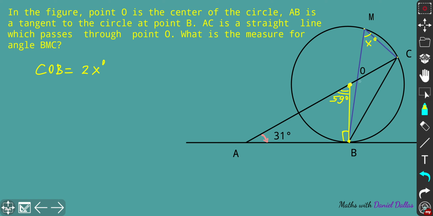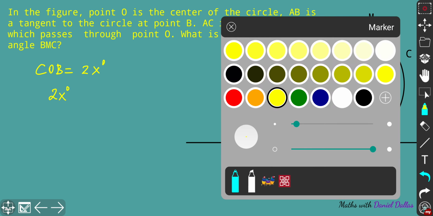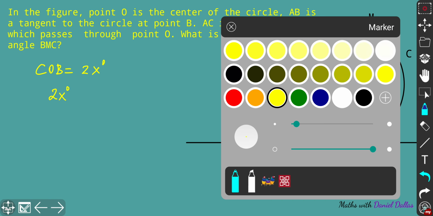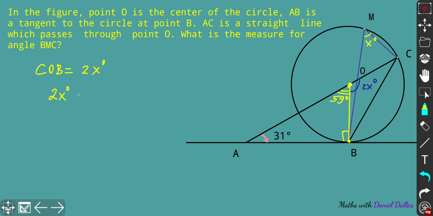So angle COB and the angle 59 will give you a straight angle. So you can write the equation: 2x, which is simply that angle, I just put it for simplicity. So this angle is going to be double x. If you add double x and your angle 59, you'll get exactly 180 degrees.